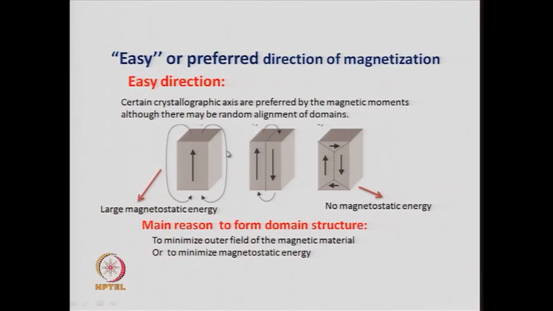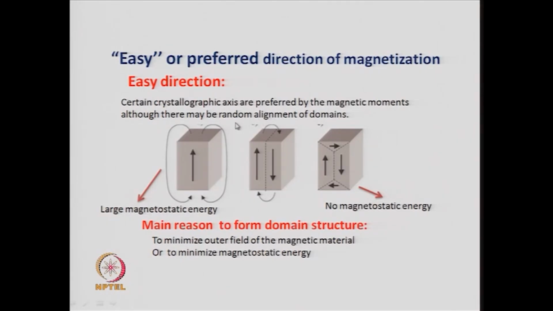So, in a solid, for example, suppose you take a cuboid, and suppose there is an axis along which it is easy to align the magnetic vector. Then this will be the axis of preferred direction of magnetization. Now, there will be a large magnetostatic energy if you want to reorient these dipoles, because this magnetic dipole would like to align in this direction.